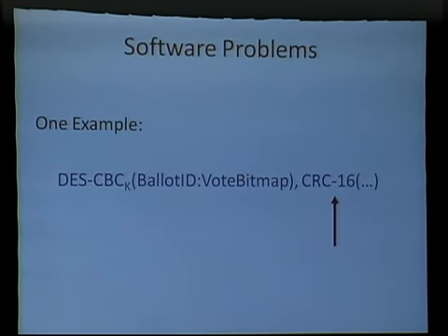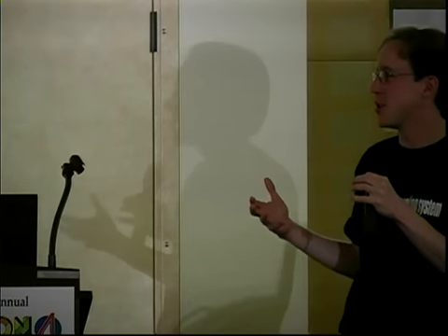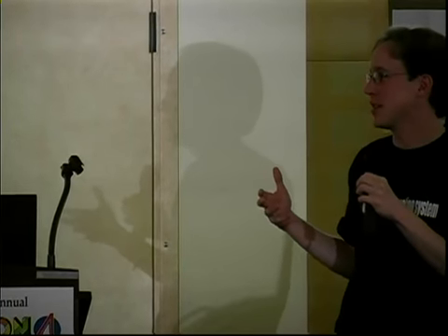The next problem, of course, is this 16-bit CRC. So it's like, what were they thinking? CRC is not a cryptographic authenticator. It's not keyed. So you can make up a CRC for whatever ballot ID and vote contents you like.